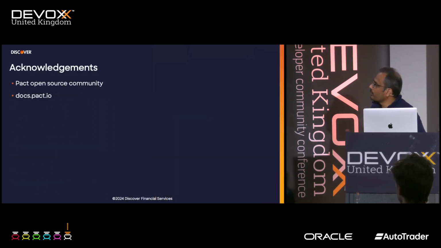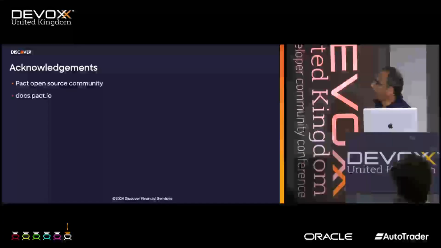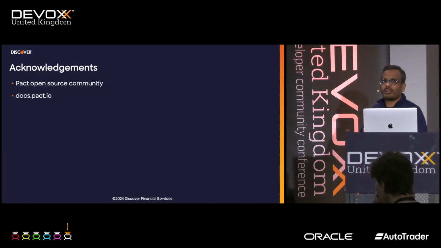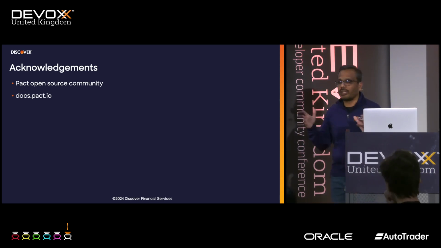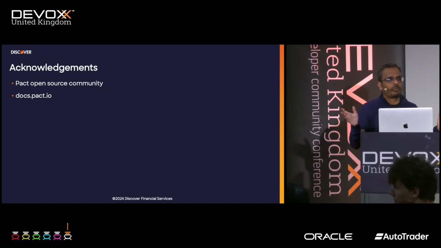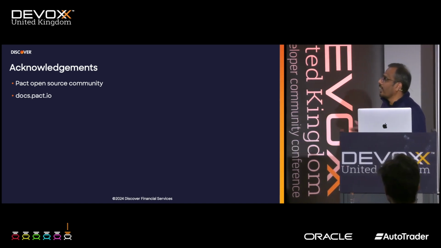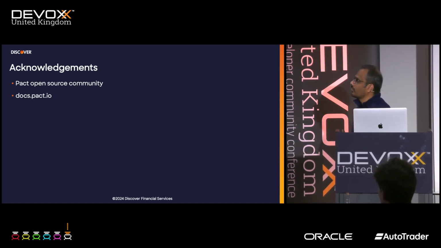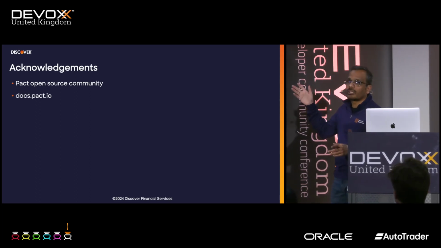With that, we've come to the end, and before we open up for Q&A, there are some acknowledgements. Thanks to the Pact open source community, they've put together a lot of useful resources related to Pact. We found them useful. If you have decided to use Pact, then I would highly recommend you take a look at docs.pact.io. That's a good starting point.